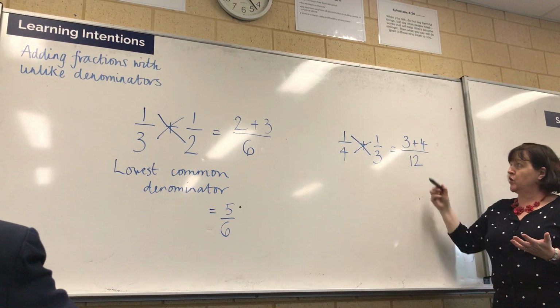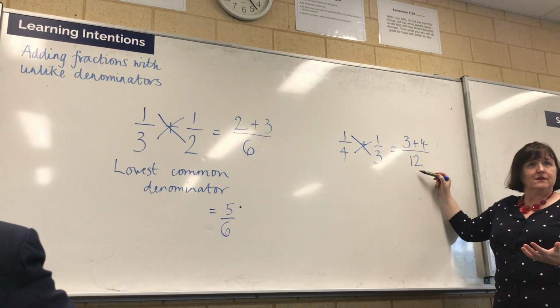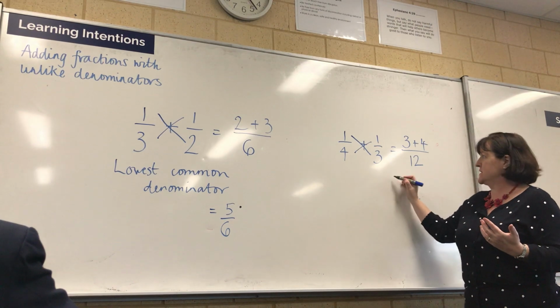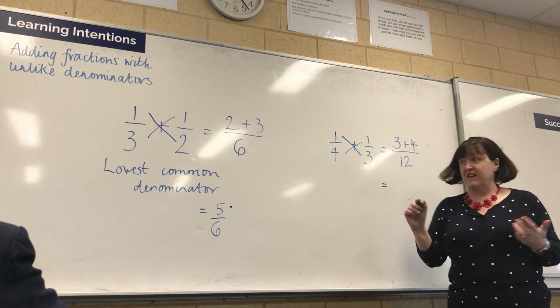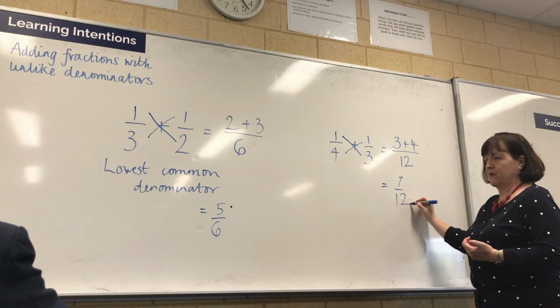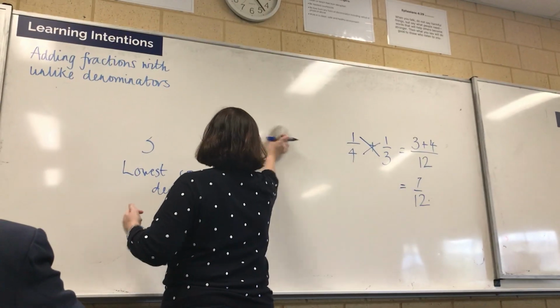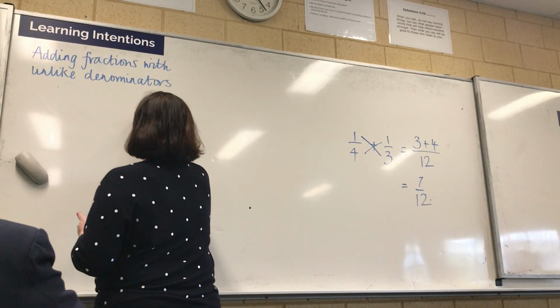So now we've got 3 twelfths and 4 twelfths. Same type of fraction, same denominator. That means we can just add them to get 7 twelfths. Well done. 7 twelfths. Did it appear a little bit clearer with the second example? Yes, right.